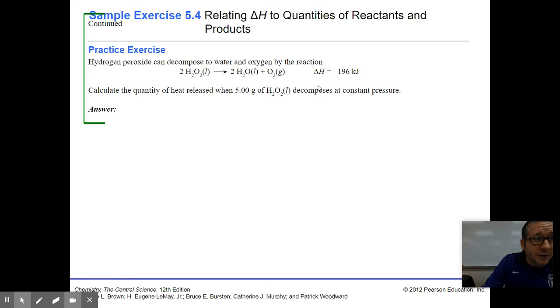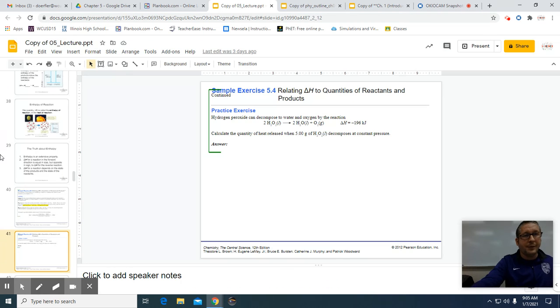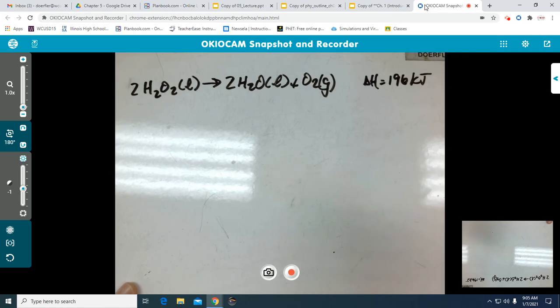And you were given the enthalpy change right there. Calculate the quantity of heat released when 5 grams of H2O2 decompose at constant pressure. So getting back down to this, there's our equation.